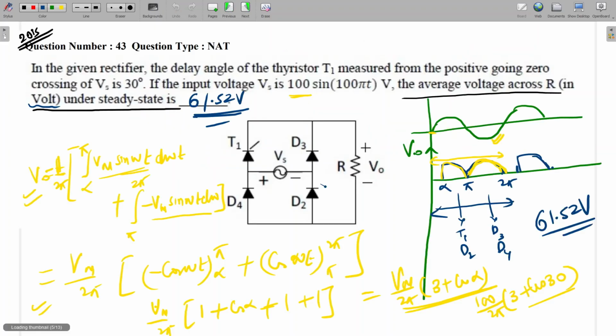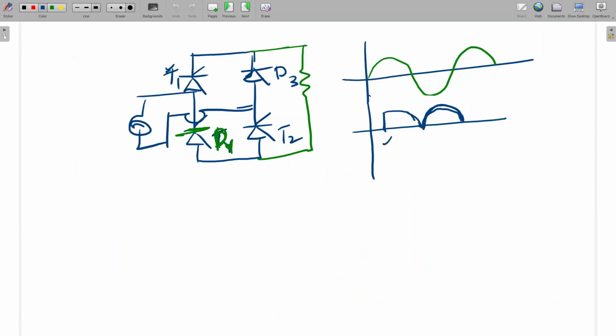See here, T1 if we are firing, T1, D2 is conducting up to pi. After pi, from pi to 2 pi, automatically D3, D4 will conduct. Here also, alpha to pi, T1, T2 will conduct. T1, T2 we are firing. Again, after pi, D3, D4 will conduct. So the output voltage will be the same here.